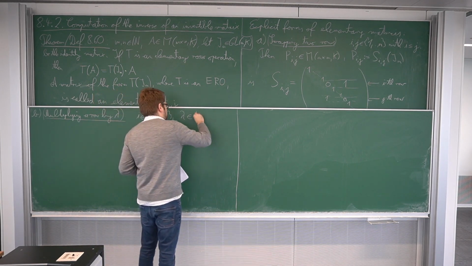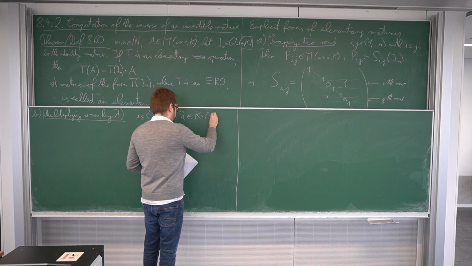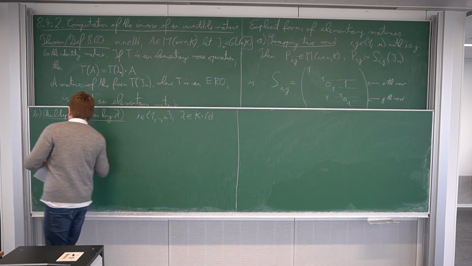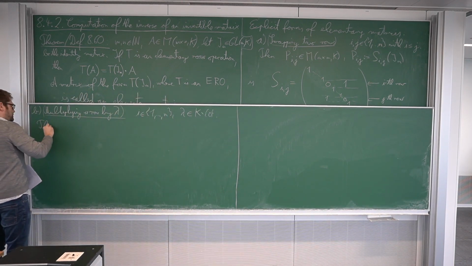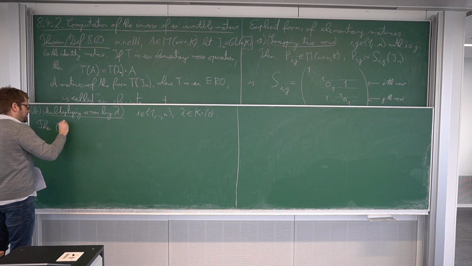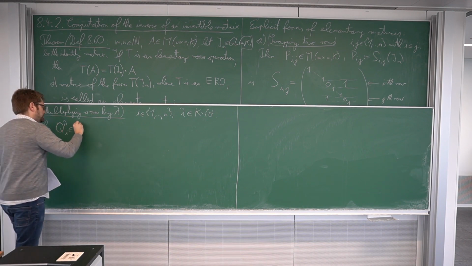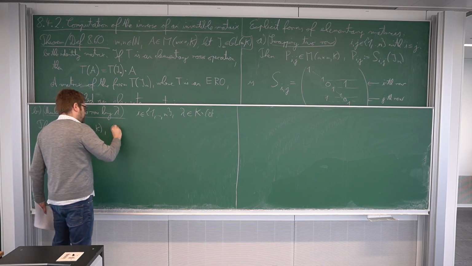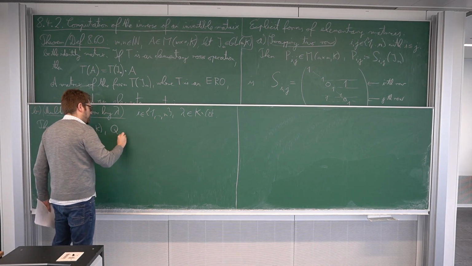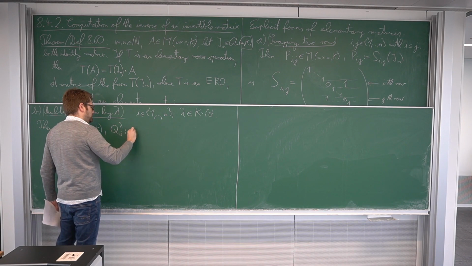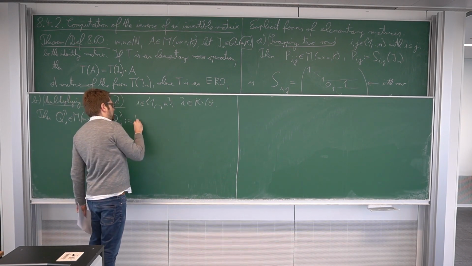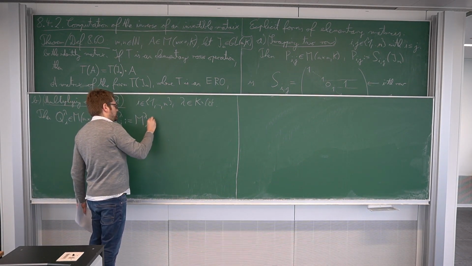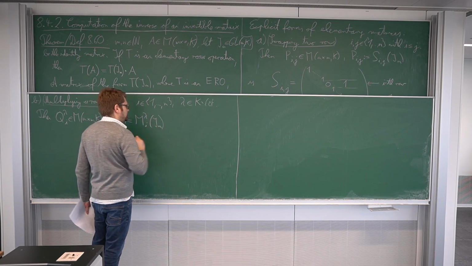Lambda is in K but not 0. So then, if we take Q_i lambda, which is again an m by m matrix, if we take Q_i lambda to be, and I called these multiplications M, so M_lambda,i of the identity matrix.